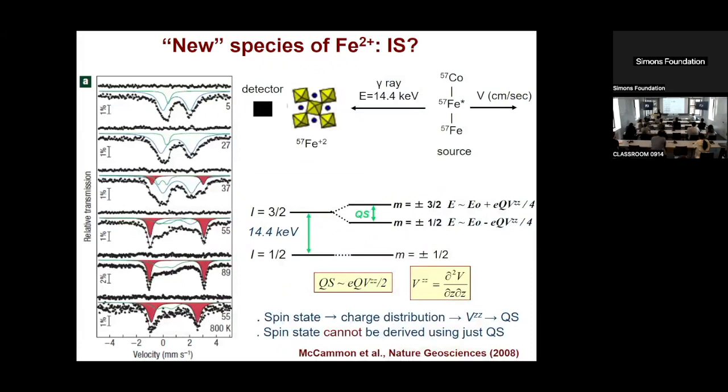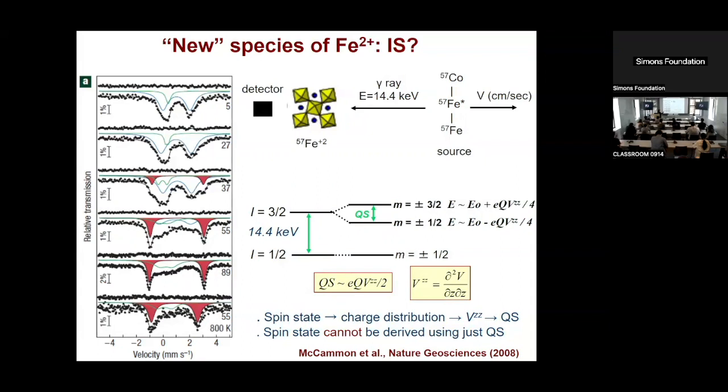I hope I don't have to explain this to you, but it's absorption spectroscopy going through the sample of a gamma ray of this energy that's produced by decay of iron. If you have BCC iron in your sample, you will absorb at the same energy.